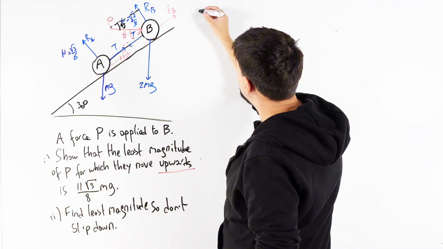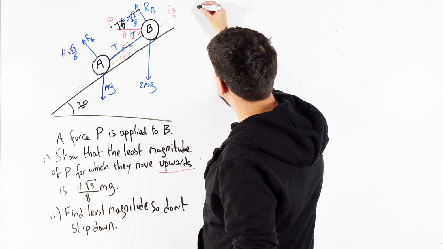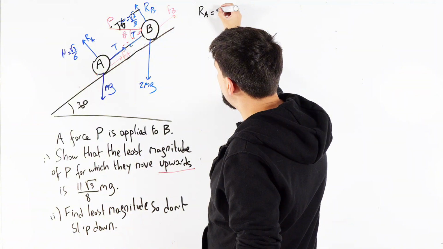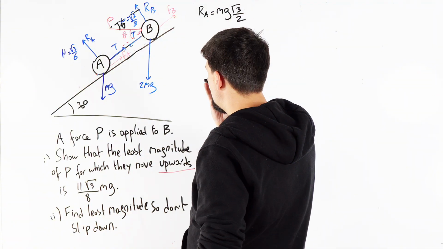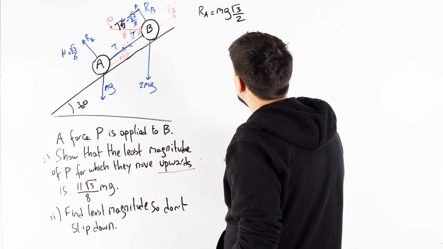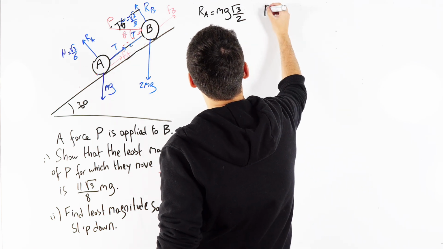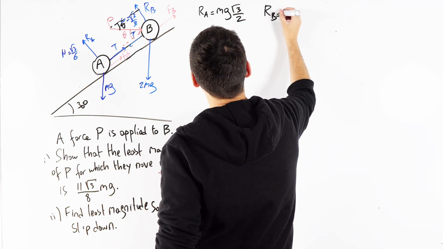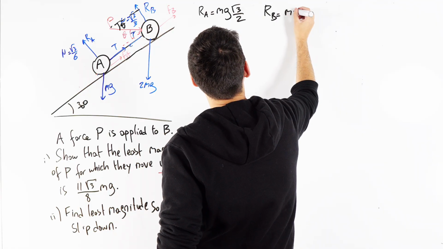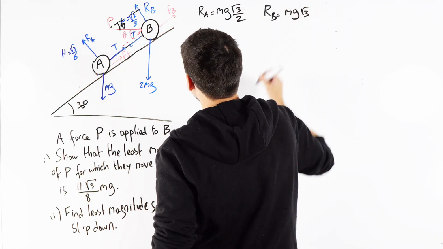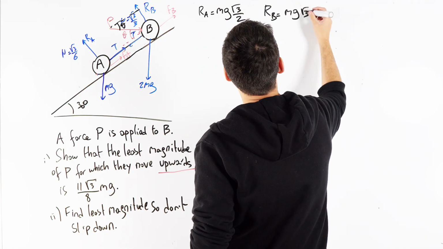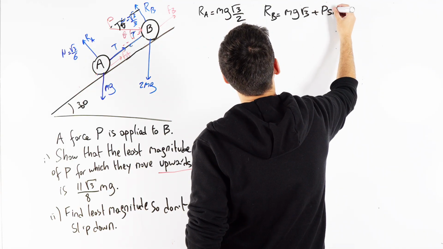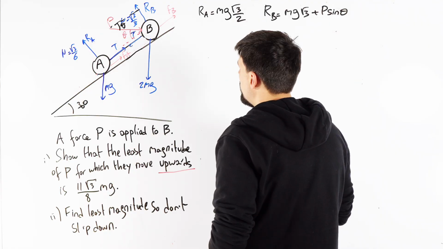So we get the same sort of things. We get RA is mg cos 30. We get RB, a little bit less structured this time, 2mg cos 30 plus P sine 30 plus P sine theta, sorry.